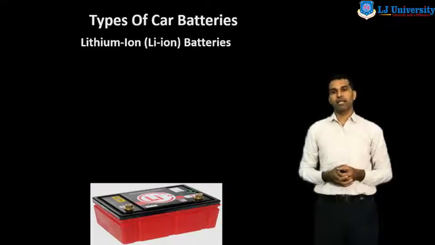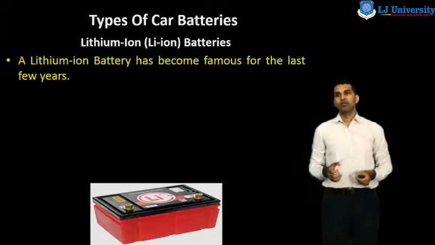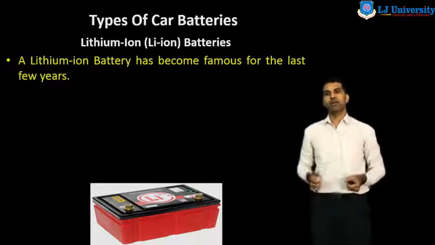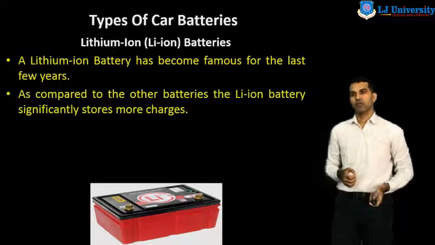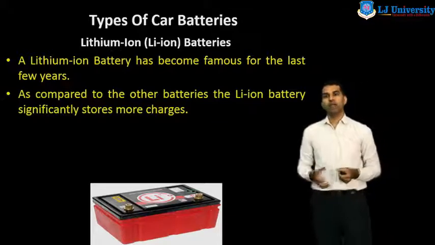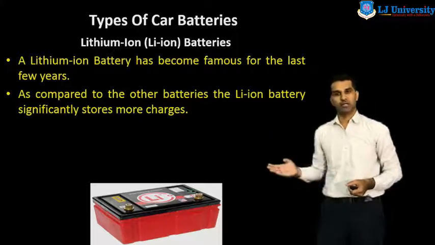The second type of battery is the lithium-ion battery. A lithium-ion battery has become famous in the last few years. As compared to other batteries, the lithium-ion battery can store significantly more charge.